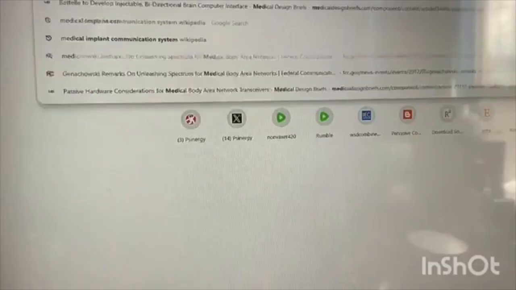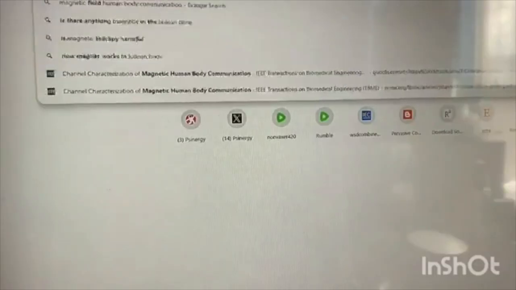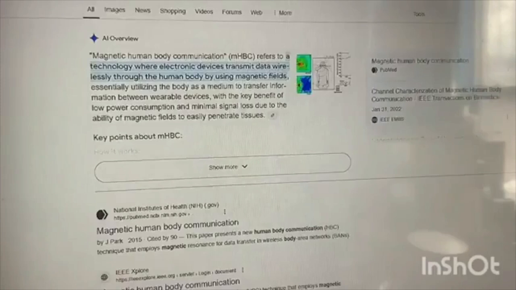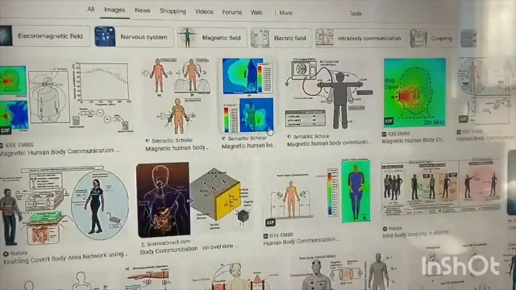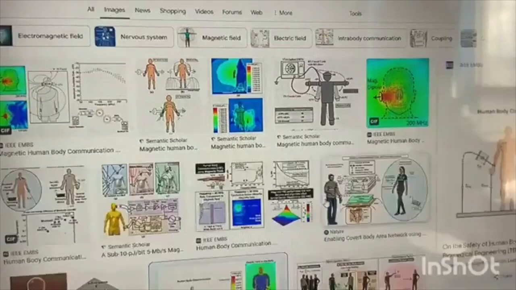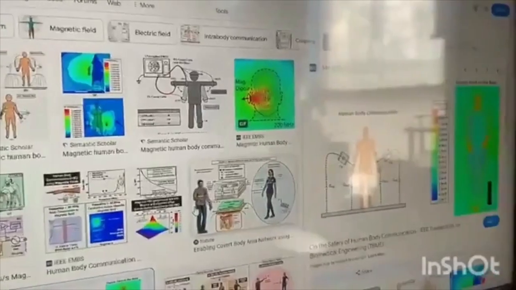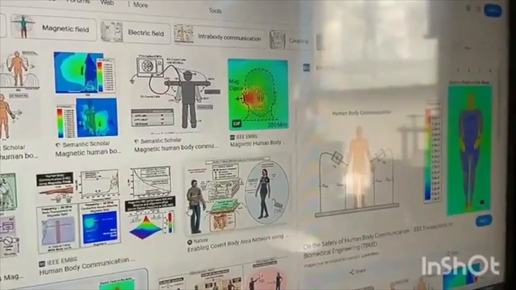One more thing, magnetic human body communication refers to a technology where electronic devices transmit data wirelessly through the human body using magnetic fields. You are going to notice that it looks like what you've probably thought is Kirlian photography. Nope. That's your aura, known as the biofield on the National Institute of Health.